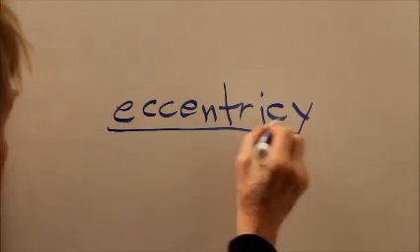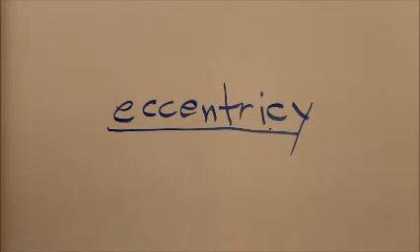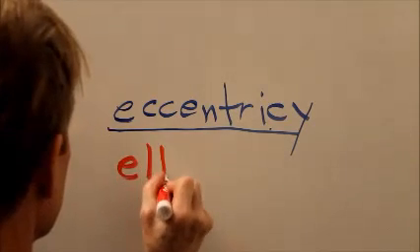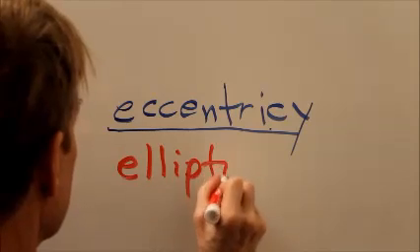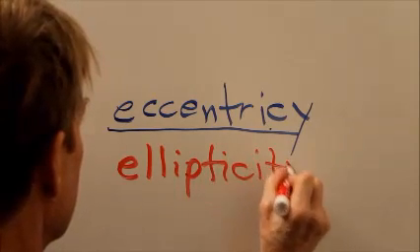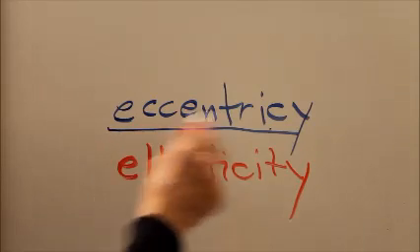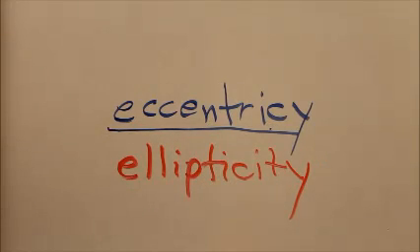So do not get this term confused with ellipticity. Eccentricity means something entirely different, and eccentricity can also apply to other types of curves besides only ellipses, whereas, of course, ellipticity applies only to ellipses.